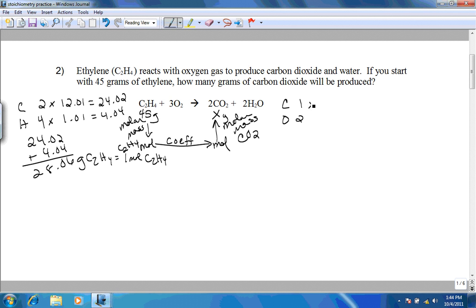So 1 times 12.01, because that's the number on the periodic table. And then 2 times 16.00, because that's the number on the periodic table. We're going to add these numbers together.